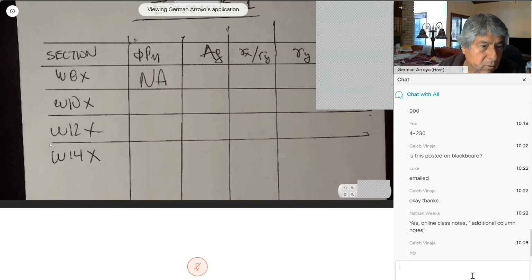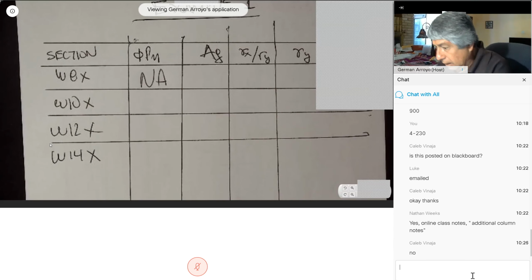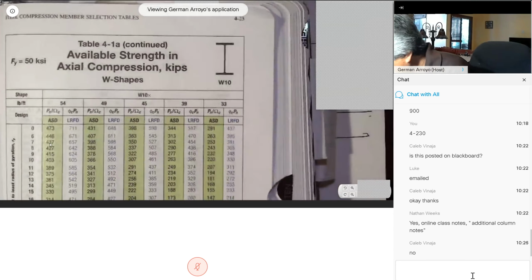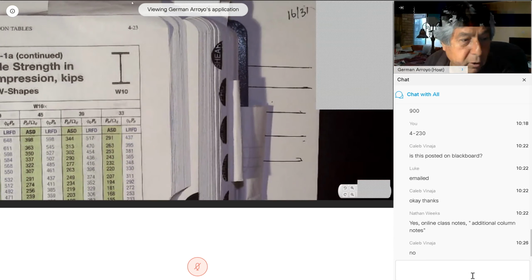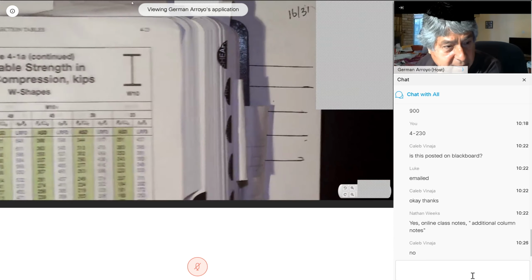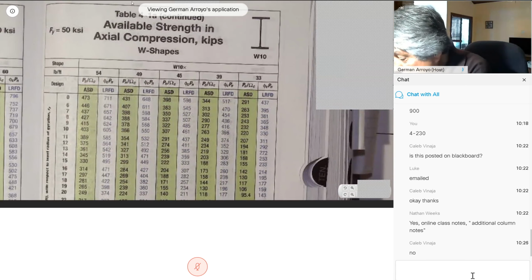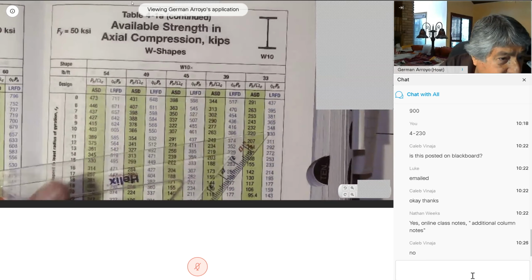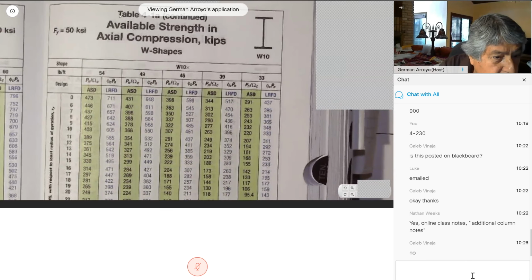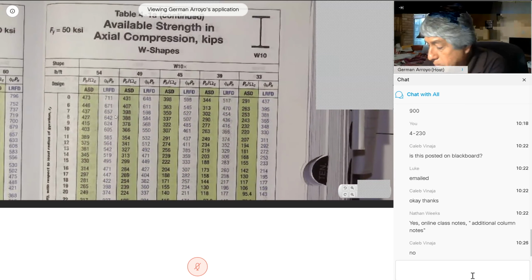So I'm going to go to W10. I start on page 423. And the heaviest one with KLY 8 gave me 642. Still smaller. So I'm going to go to the previous page.